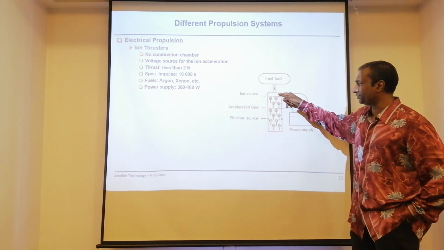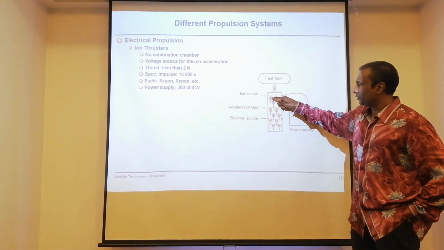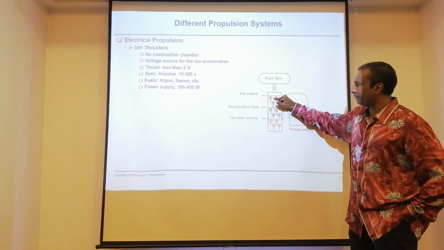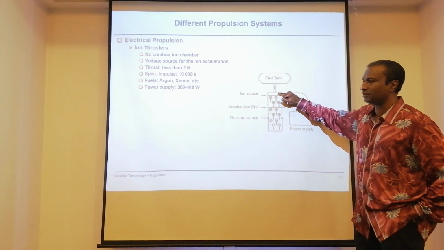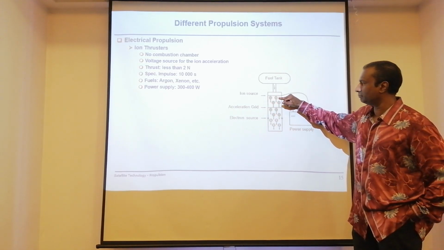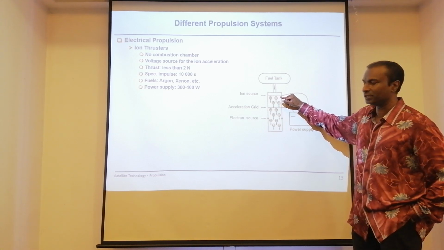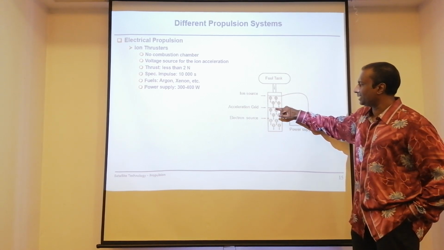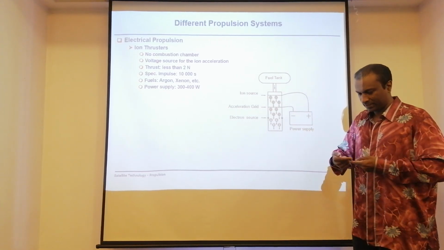Once you have the source here, there is a guide. You can imagine the fuel is always ionized, just waiting to be moved. What exactly happens? The guide is just like a chamber.